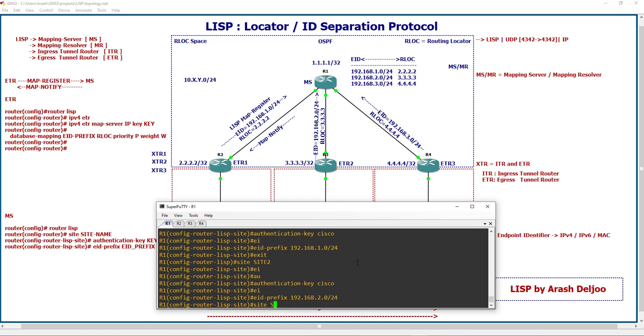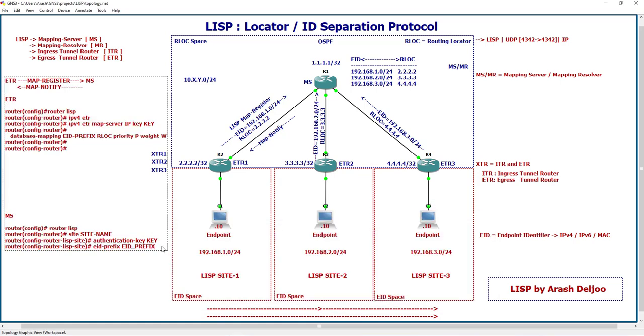Then we have site 3, with the authentication key of Cisco, and we expect to receive the EID prefix of 192.168.30.0/24. That's it.